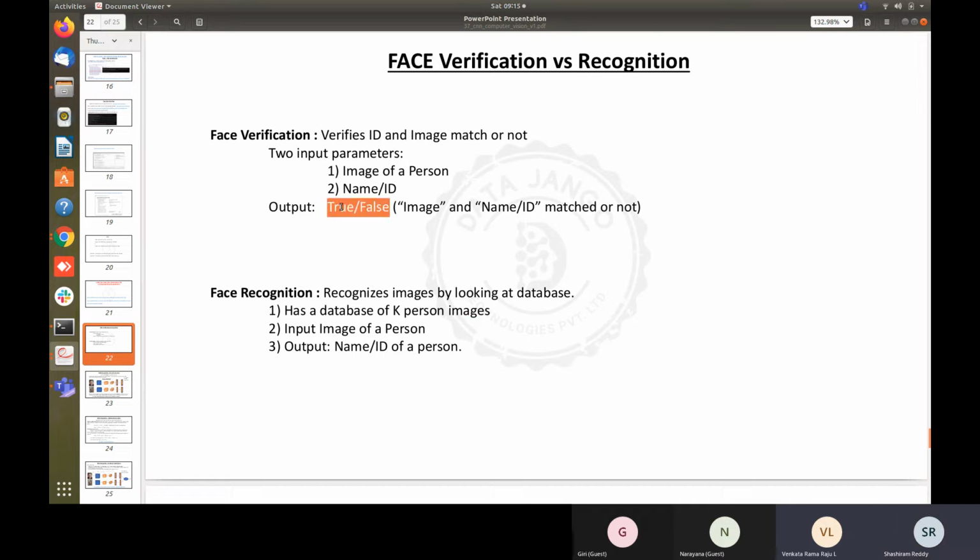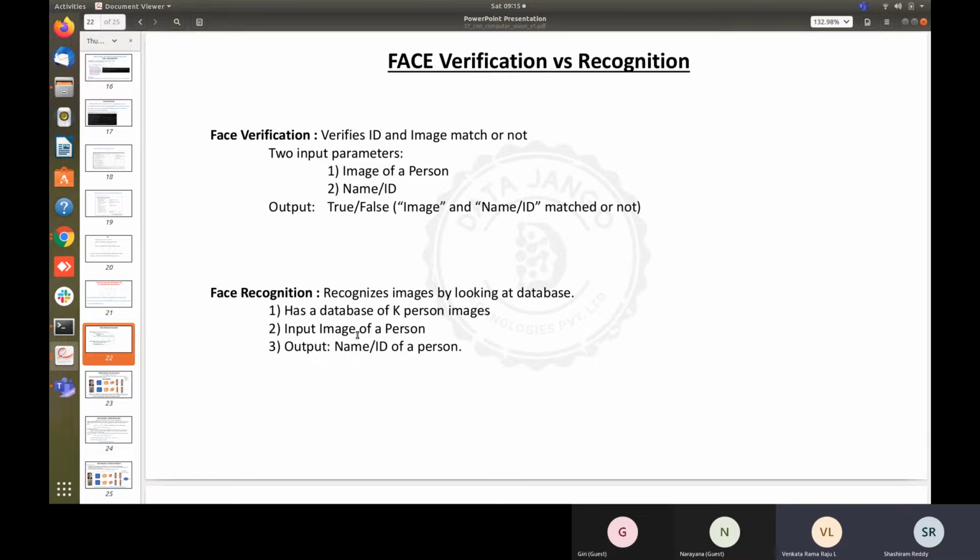If the person is there, you return the ID; if not, you return null. Both are kind of similar. They named them differently, and they ask about them in interviews.